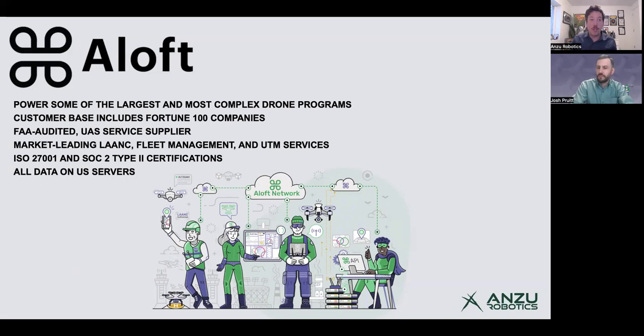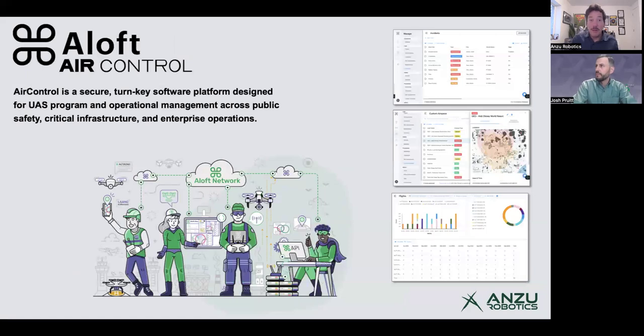We could have called it the Anzu Robotics app, but it leans so much into what Aloft has already built in this ecosystem of making sure that this isn't just about pilots and data collection. This is about fleets and drone programs that can be managed all through one organization. And that was really important for us as well. So we're going to walk through a little bit about what makes Aloft special outside of the app and what you're seeing when you're flying, and then we'll talk about what you're seeing when you're flying shortly.